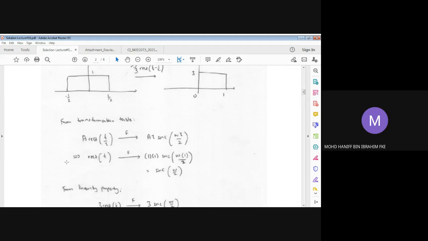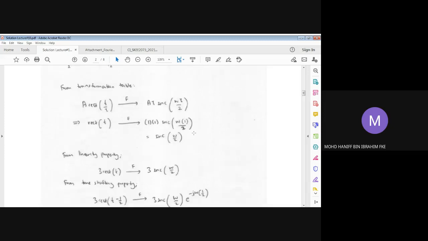Now rectangular T experiences a shifting and amplitude scaling operation. So what should be the Fourier transform for this signal? From the linearity property, if in the time domain we multiply by a constant, then in the frequency domain we have the same multiplication value. So 3 rectangular T will give us 3 sinc omega divided by 2.